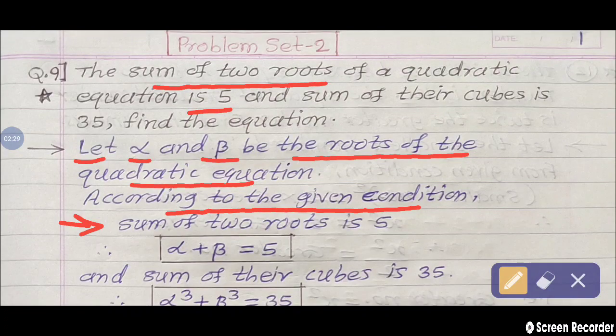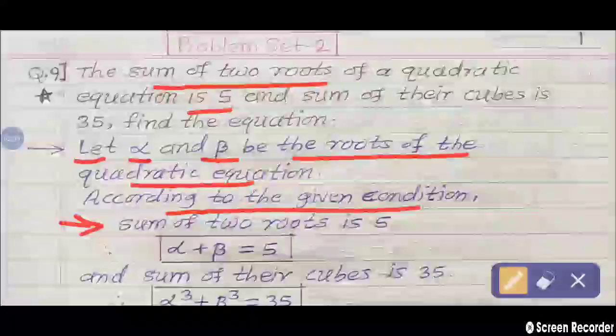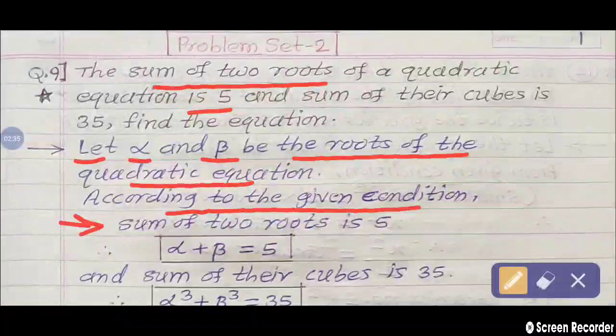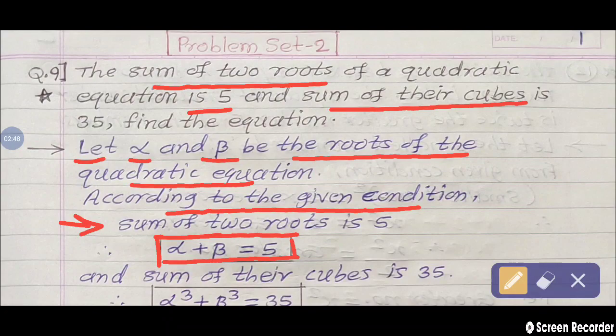Therefore, what is the equation form? The two roots we consider are alpha and beta, and sum means addition. So alpha plus beta is equal to 5. This is the first condition. And what is the second condition? The sum of their cubes is 35.